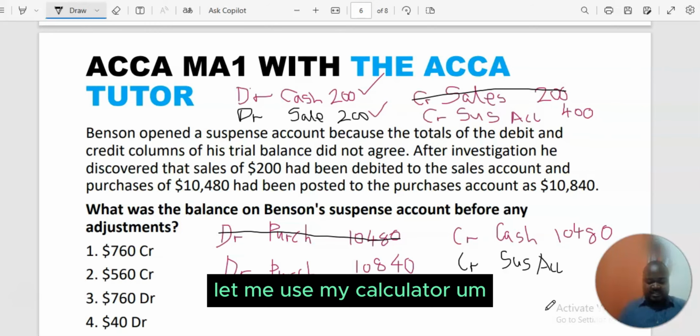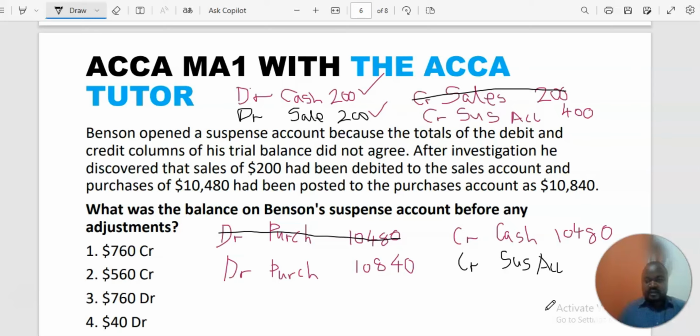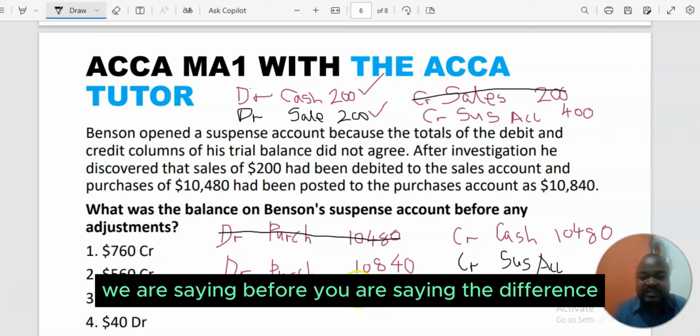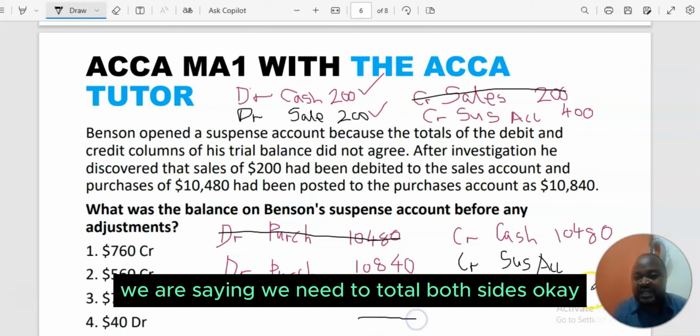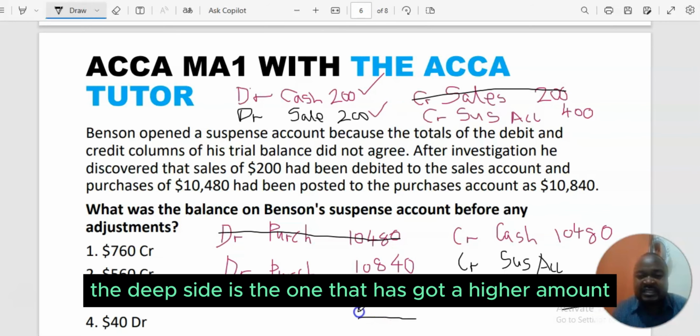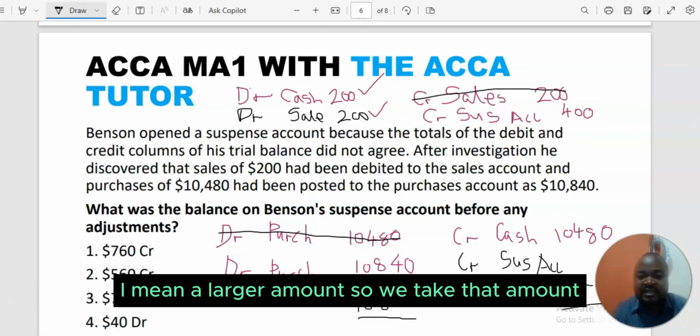Let me use my calculator. If you total both sides, you can see that the debit side is the one that has got a larger amount.